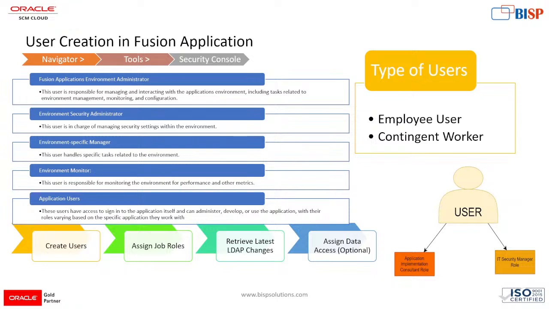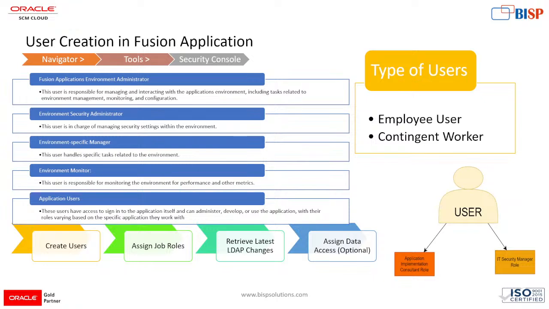This user is responsible for managing and interacting with the application environment, including tasks related to environment management, monitoring and configurations. The Environment Security Administrator. This user is in charge of managing the security settings within the environment.